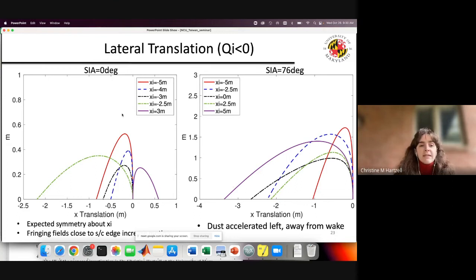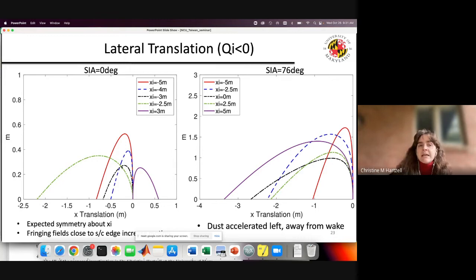If we look at the case of high noon, so the shadow is directly below the spacecraft, we note that we can only loft the particles in illuminated locations. So what we're really seeing is, as we get farther and farther from the edge of the spacecraft, how do the trajectories of the particles change? If we look at the particle launched directly below the edge of the spacecraft, it has this very long trajectory.